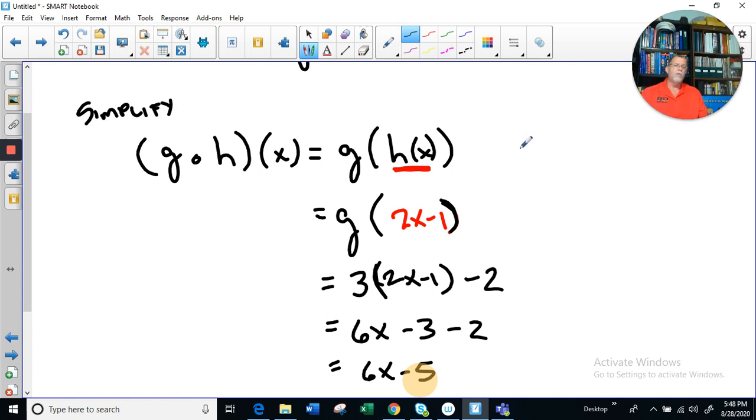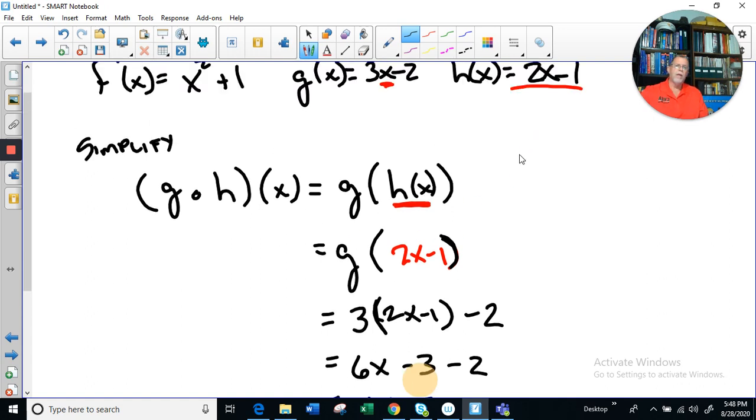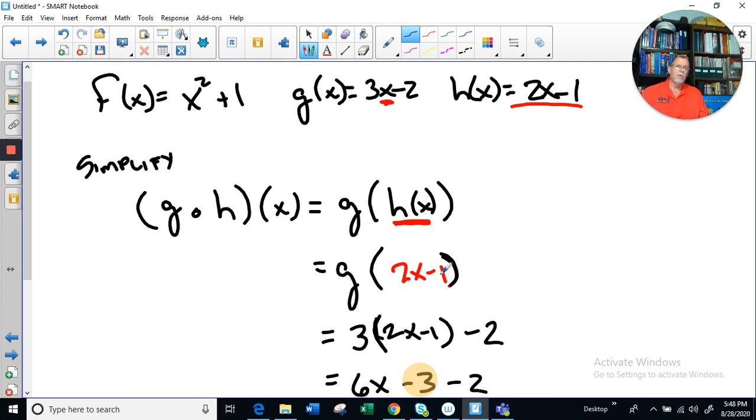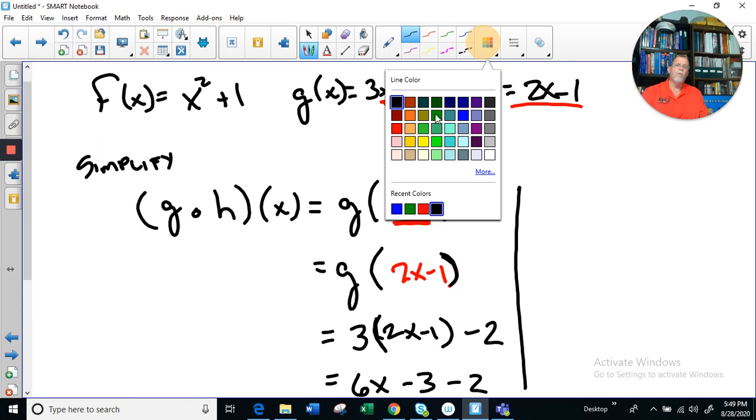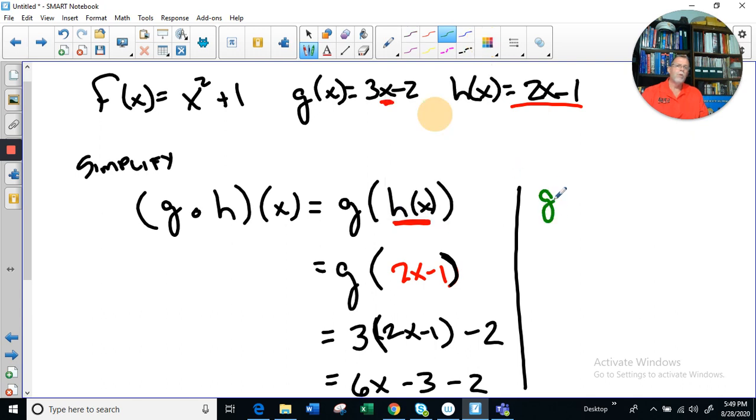Now, what if instead, and let's just do this to the side, the problem had asked for g of h of 3?